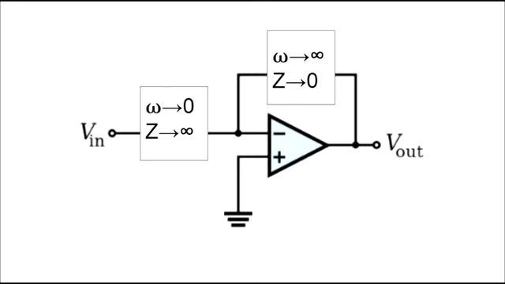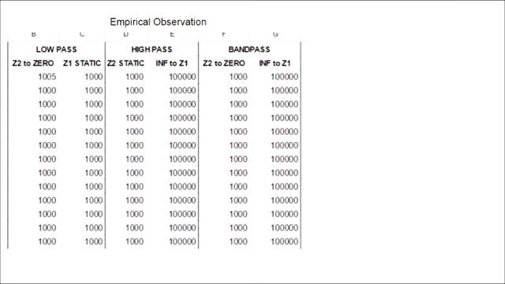To select a specific band of frequencies, the designer may choose Z1 and Z2 values such that at high frequencies the signal is dropped due to the Z2 component, and at low frequencies it is dropped due to the Z1 component. The resulting circuit is known as a bandpass filter. Here's a set of values that we will use to represent Z1 and Z2, applying the properties we just discussed.